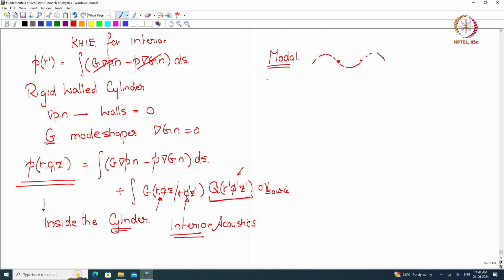When you hit resonances, a single mode will dominate, and that is even more dramatic. It will definitely involve peaks and nodes, loud points in sound and soft, quiet points in sound. So I close the interior acoustics portion with this. Thank you.